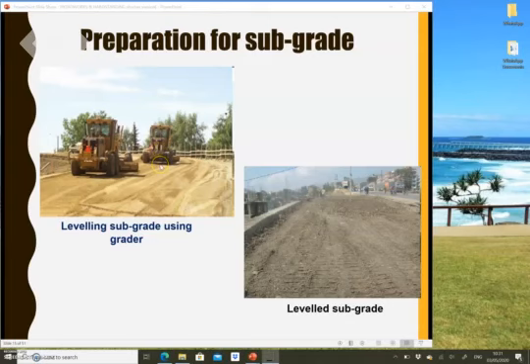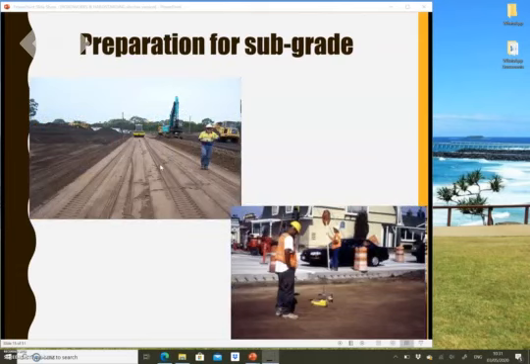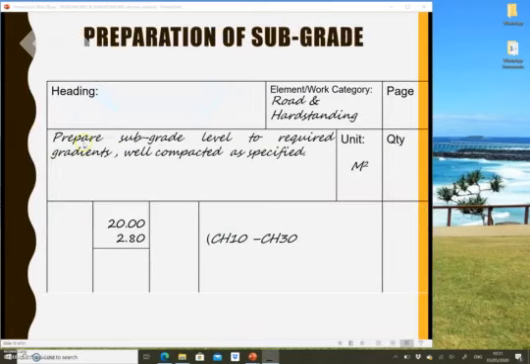Then we have the items for leveling subgrade, the preparation of the subgrade. This is how they do it on site. They are using machineries to compact the subgrade. Let me show you how they write the description. You just mention prepare subgrade.